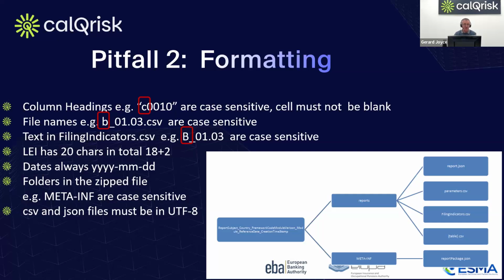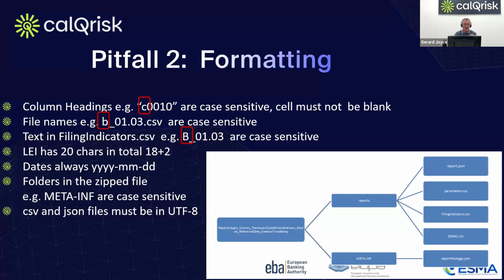But ultimately, that first row in the CSV file should have references like C0010, C0020, but a lowercase c. And the table names or the file names that are in your zipped file, they have to be with a lowercase b, not an uppercase b. It'll get rejected.